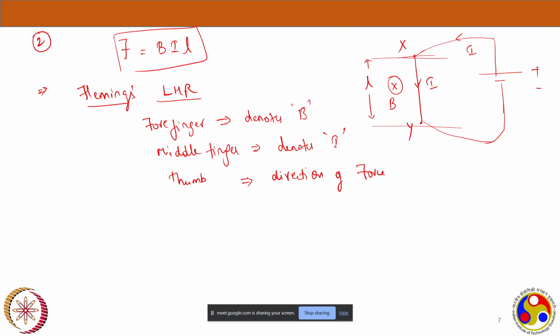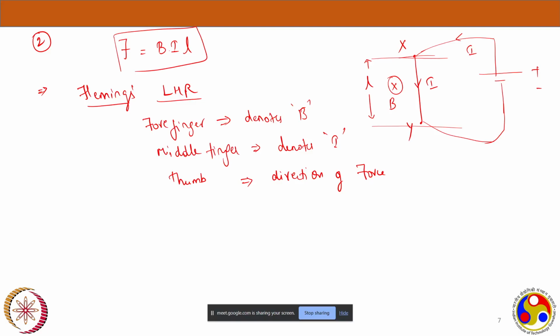Now if we look at the figure with the left hand rule, my forefinger denotes the direction of the magnetic field, that is into the paper. My middle finger should denote the direction of current. It's top to bottom, so this is the direction of my current, and my thumb will give you the direction of force.